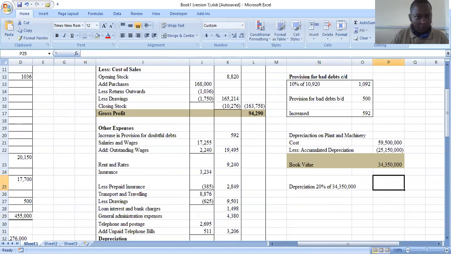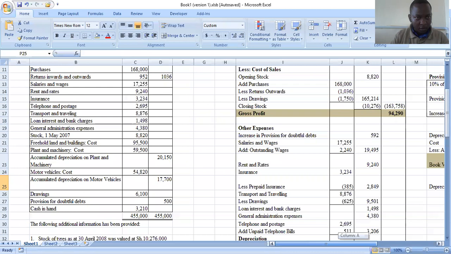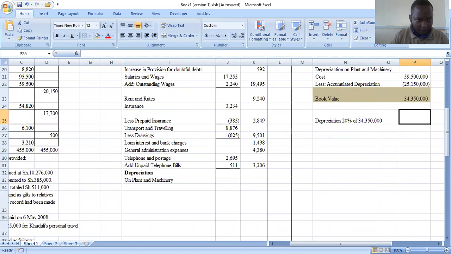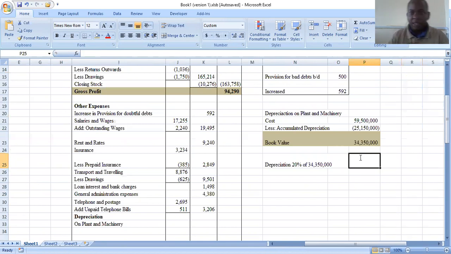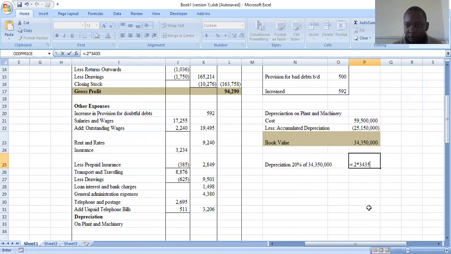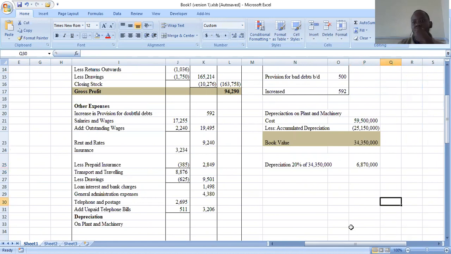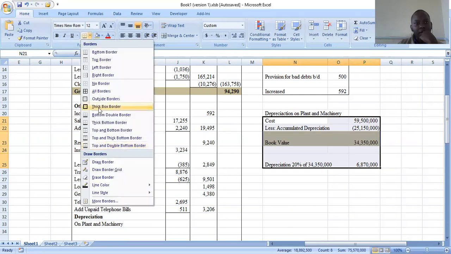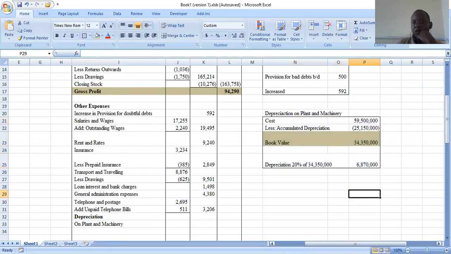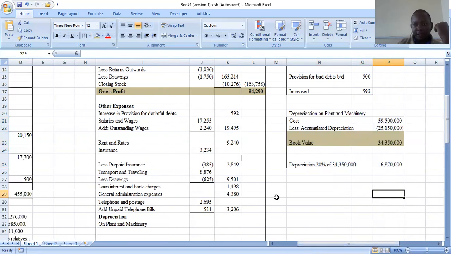So the depreciation on plant and machinery shall be equal to 20% of 34,350, which is equal to how much? 6870. Sawa sawa kila mtu? Yes. Okay. So the depreciation on plant and machinery is 6870.